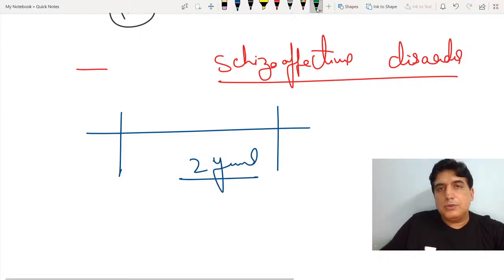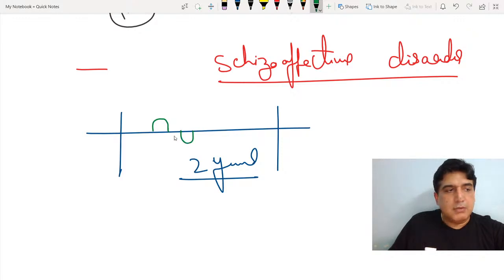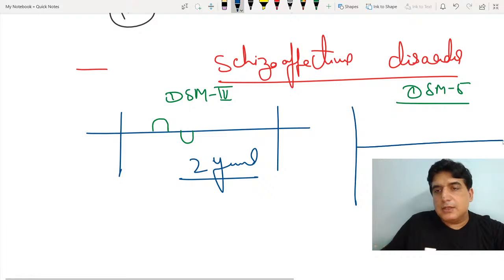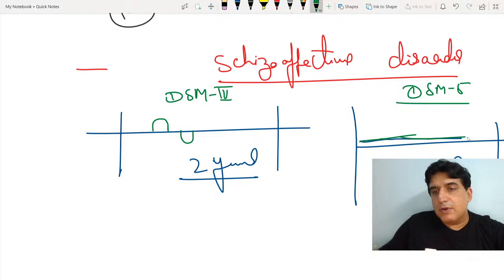In these 2 years, once the patient fulfilled the criteria of mania or depression, we were making a diagnosis of schizoaffective disorder. Now in DSM-5, we say that to call it schizoaffective disorder, the manic or depressive symptoms should last almost the same duration, at least for 2 years.